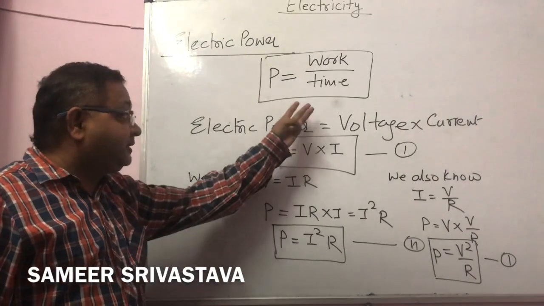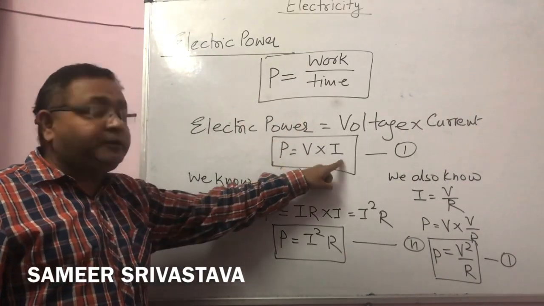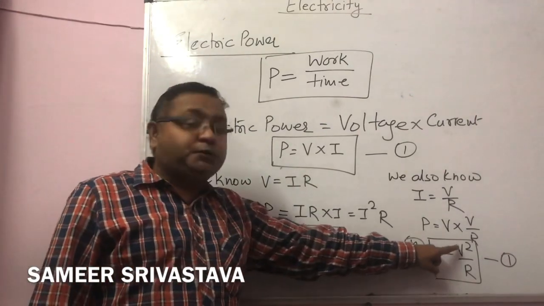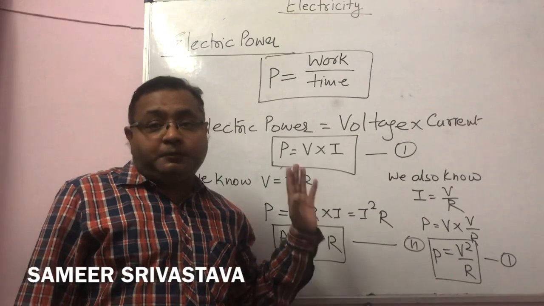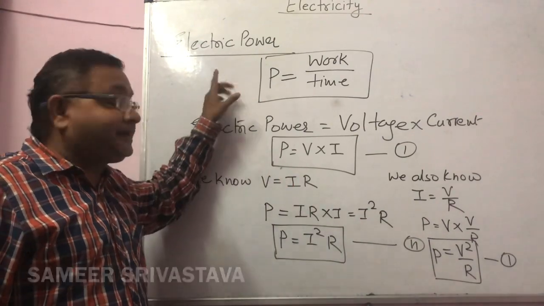Please note down, there are now three formulas for the electric power: P equal to V into I, P equal to I square R and P is equal to V square by R. Now I am going to start some numerical problems for electric power.